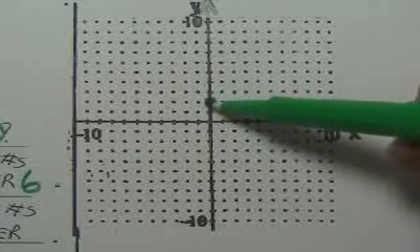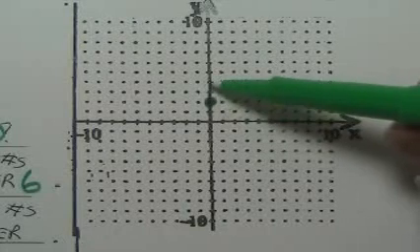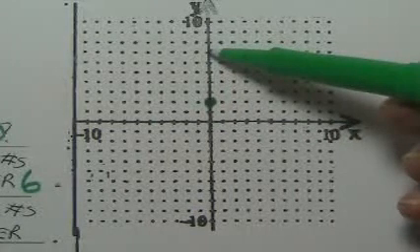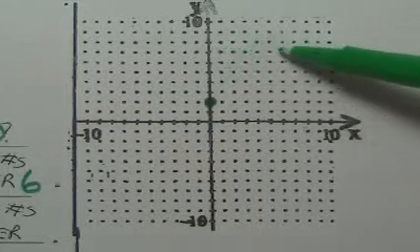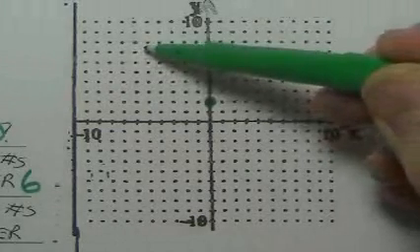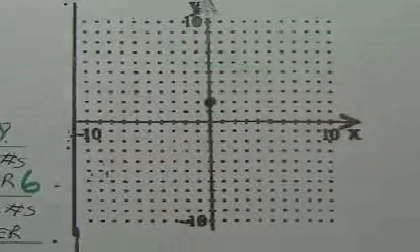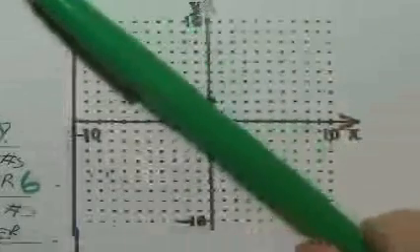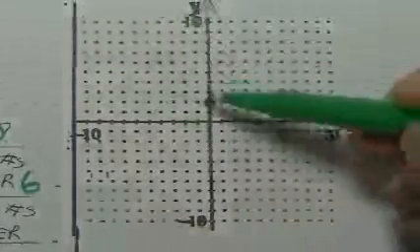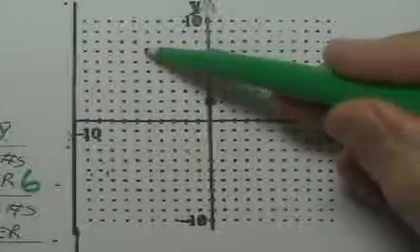So I'm going to go up 5, 1, 2, 3, 4, 5, and then over 6. Hey, wait a minute here. Am I going to go to the right 6, or do I go to the left 6? Now, I want it to go downhill. It needs to be going downhill like this. So if it's going to go downhill, then I'm going to have to go up and to the left.